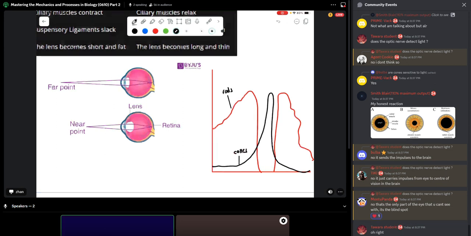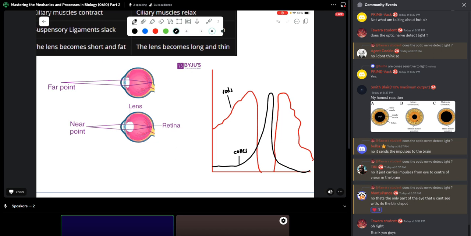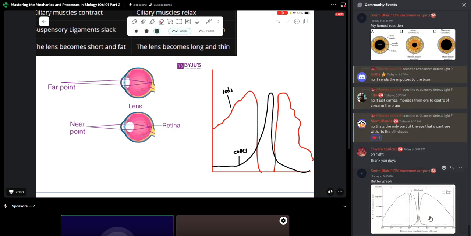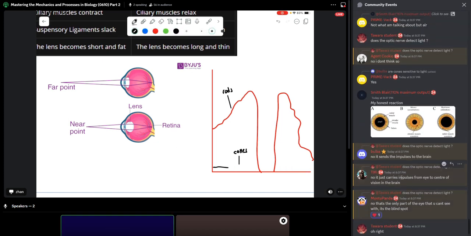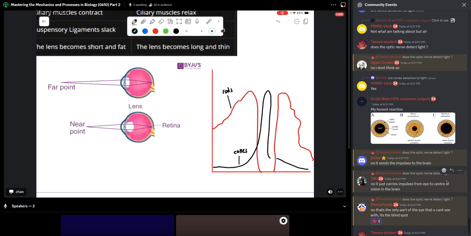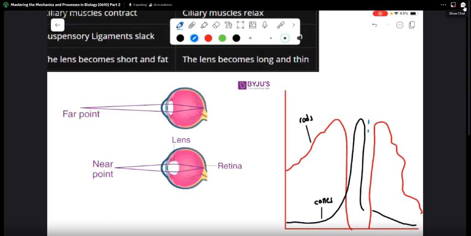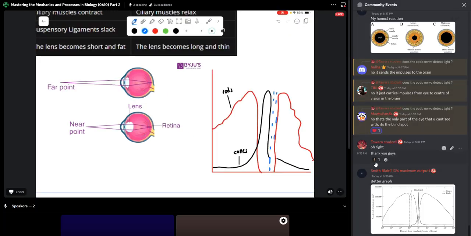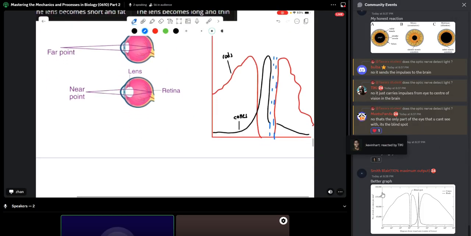There are always more rods than cone cells. The cone cells peak at the middle. Of course there will be one point. I should draw it a bit clearer. Okay, hold on. It should look like this. So this is how it's supposed to look.